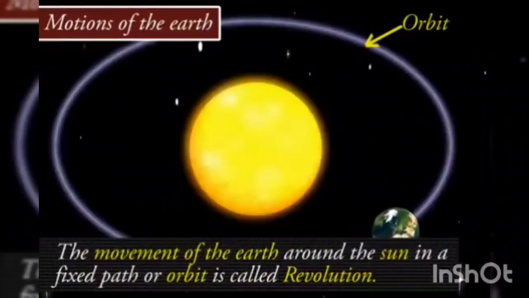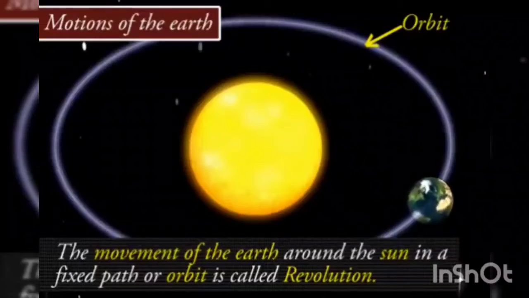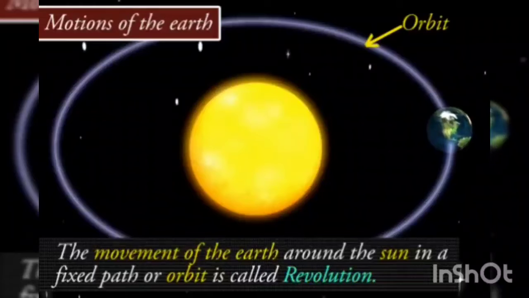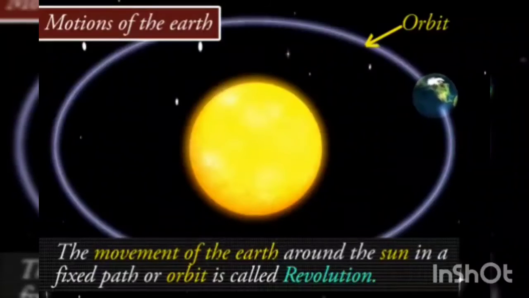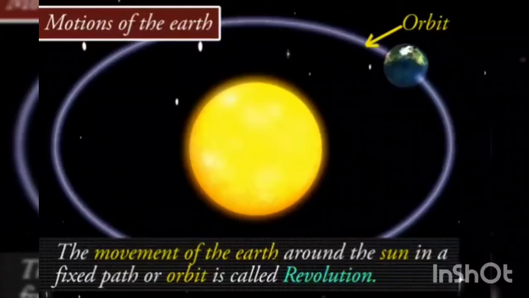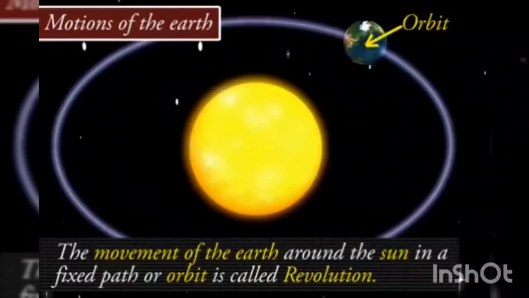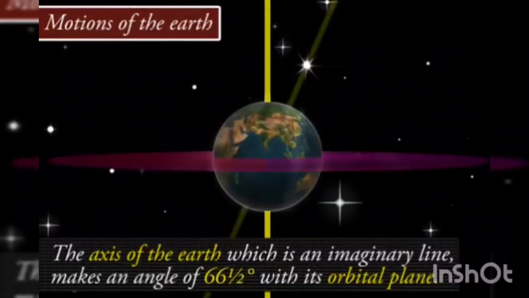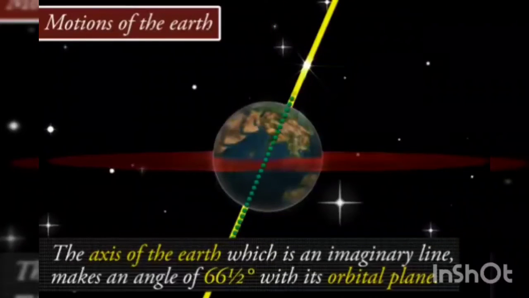The movement of the earth around the sun in a fixed path or orbit is called revolution.